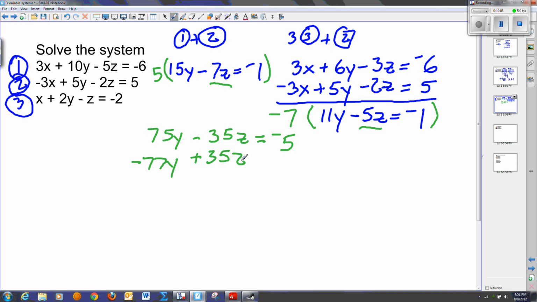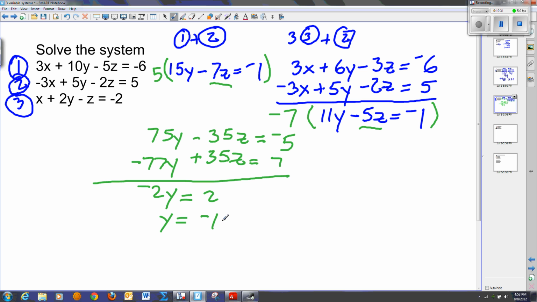Those will eliminate out. And I get positive 7. And this is kind of good because I've got negative 2y right now equaling 2. So y ends up equaling negative 1. Clean.